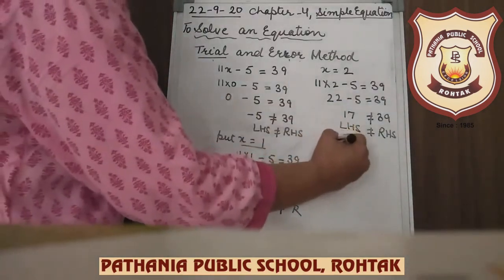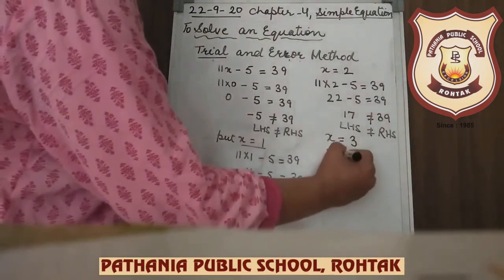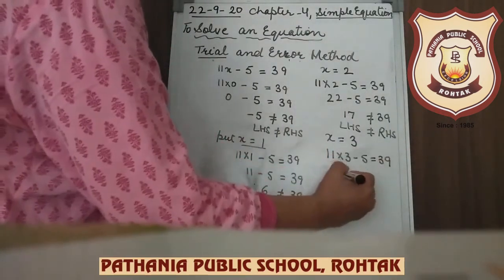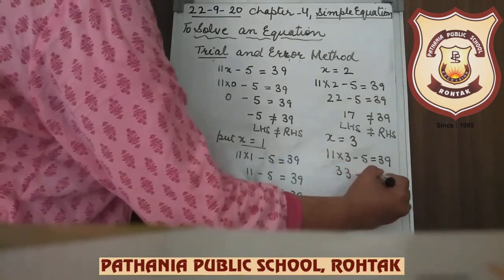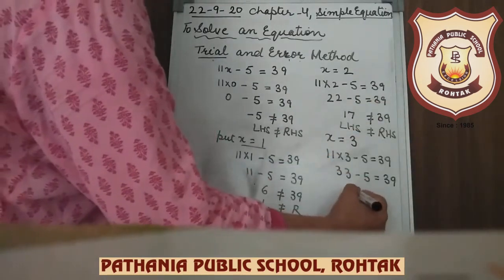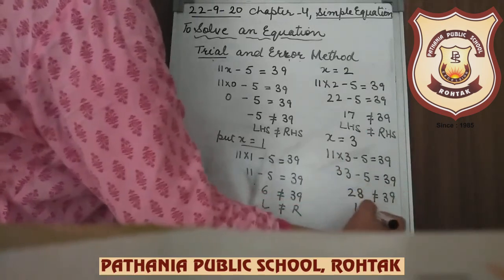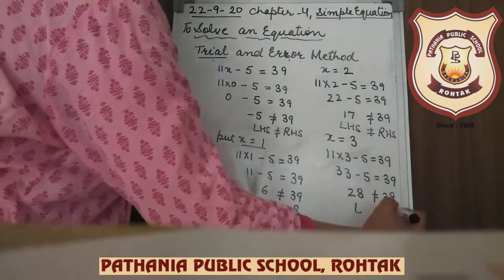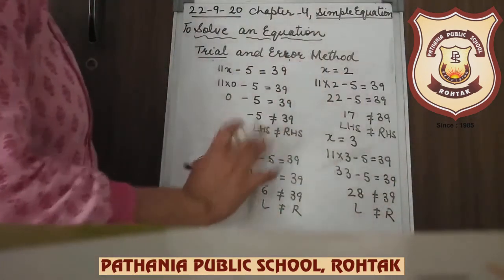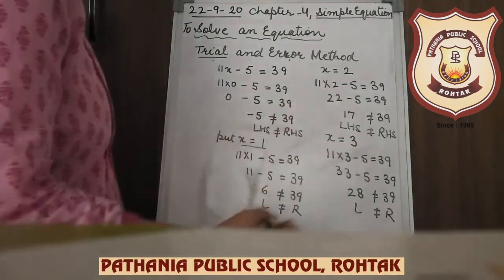Then I will go for the next number, 3. So 11 multiplied by 3 minus 5 is equal to 39. 33 minus 5 is 28, which is not equal to 39. So again you will write left hand side is not equal to right hand side. So this value will again not go. So how many errors have occurred in the solution? 3 errors. No, 4 errors.